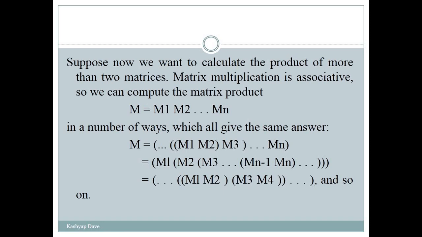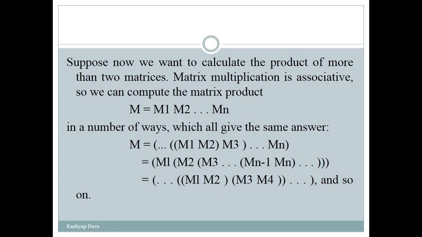So the chain multiplication problem is not about finding the multiplication, but finding the way of multiplication. All of these will result in the same M, but we have to find the way which gives this result at minimum cost.